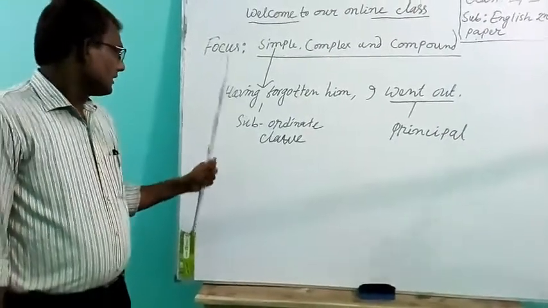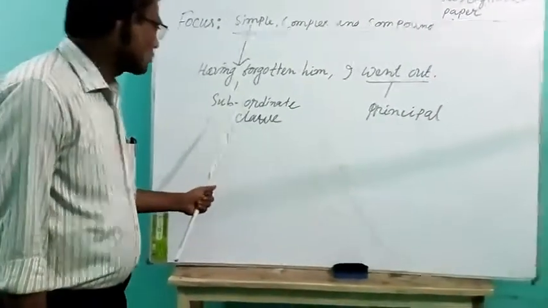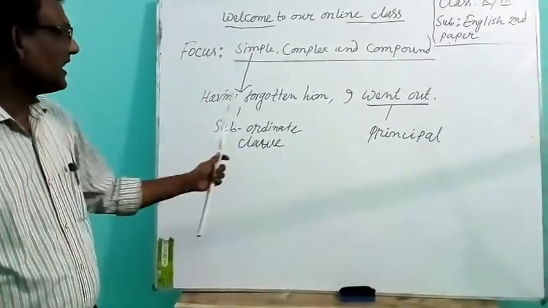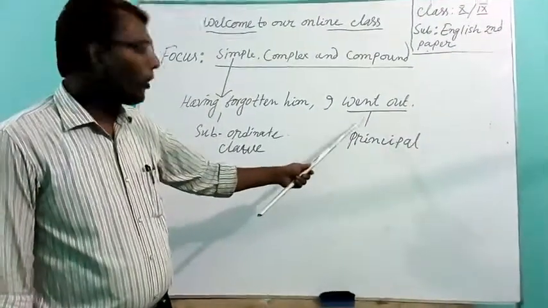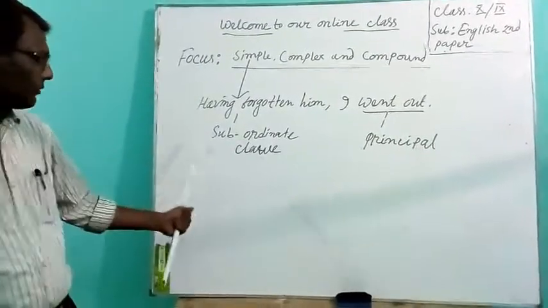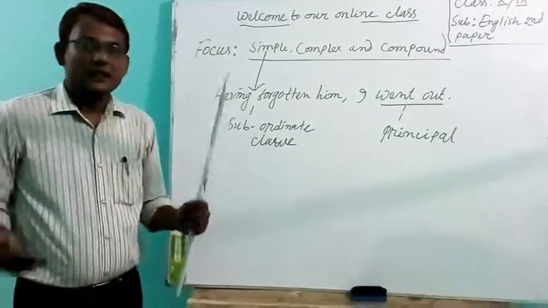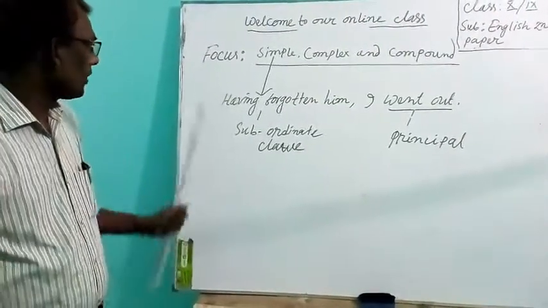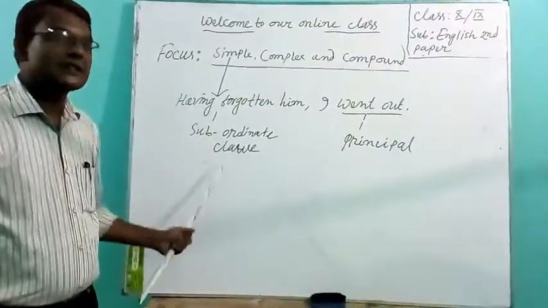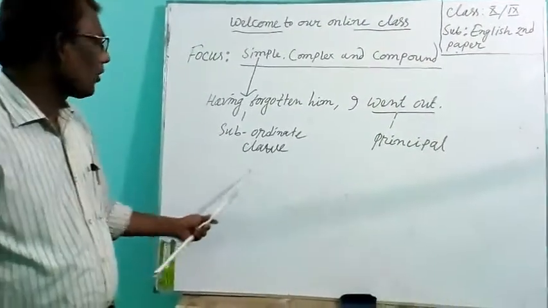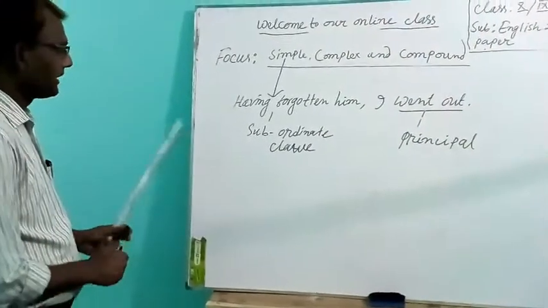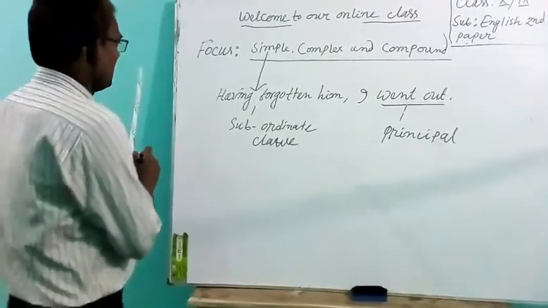If it wants to express its meaning clearly, then it has to depend on the principal clause. For that reason, we have to use two clauses in a simple sentence: the subordinate clause and I went out, the principal clause.